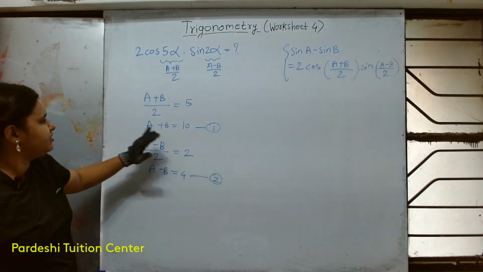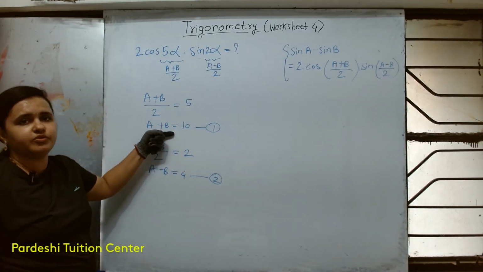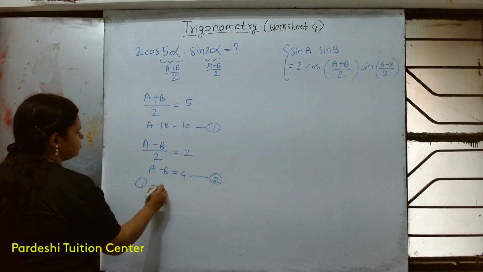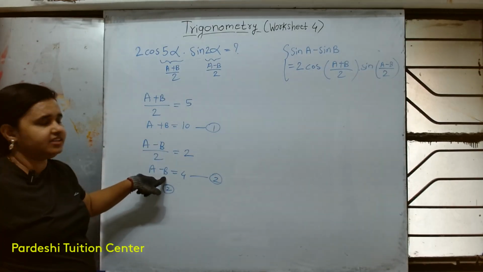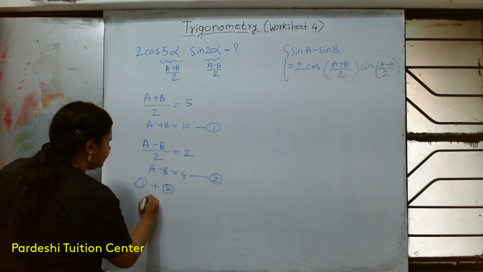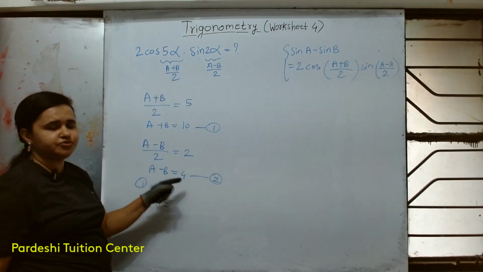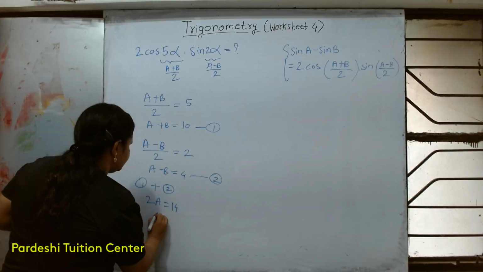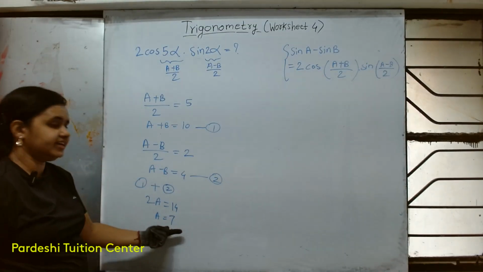So, solving equation 1 and equation 2, if we add equation 1 and equation 2, b and minus b will get cancelled and a plus a is 2a, and on the right hand side 10 plus 4 is 14. So, a will be 14 divided by 2, that is 7. So we have got a equals 7.